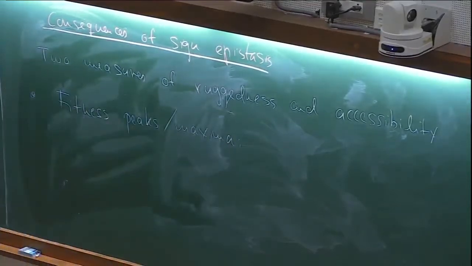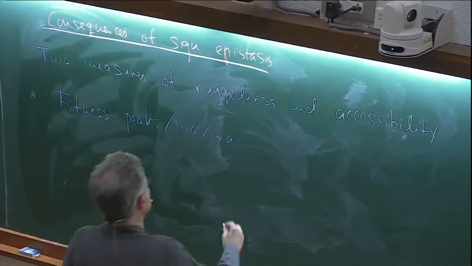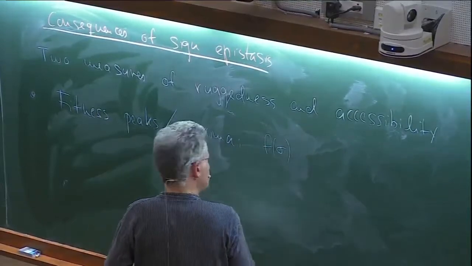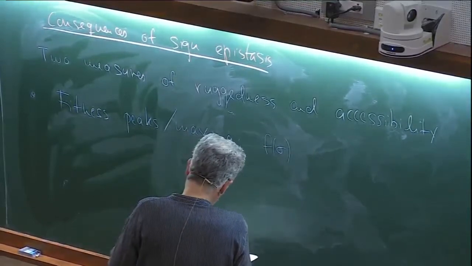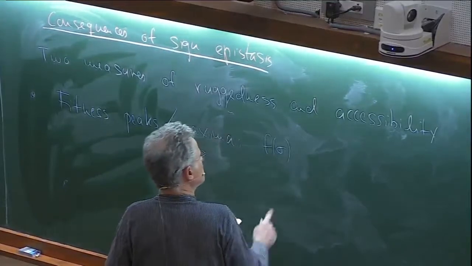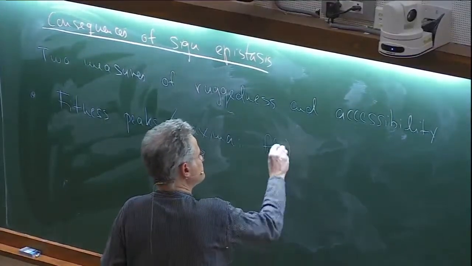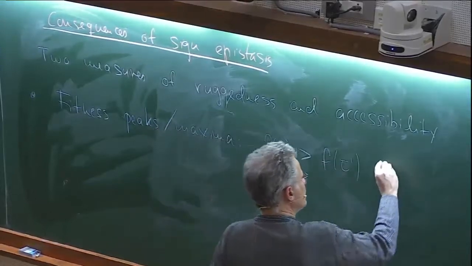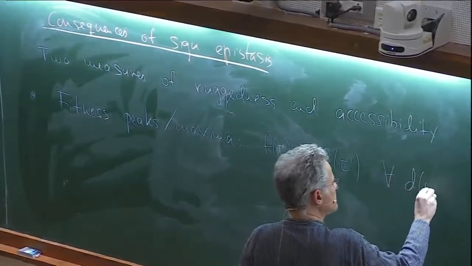Okay, so a fitness peak is simply a genotype which has a fitness that is larger than all of its neighbors. Okay, so this means that f of tau, maybe I should be consistent and call them tau for now, is greater than f of tau prime for all tau prime which are at distance 1.